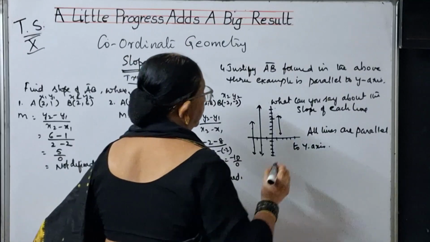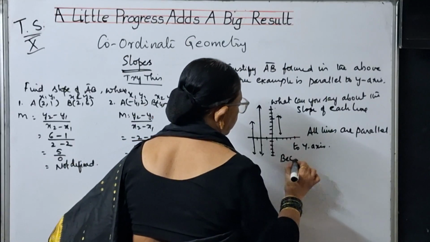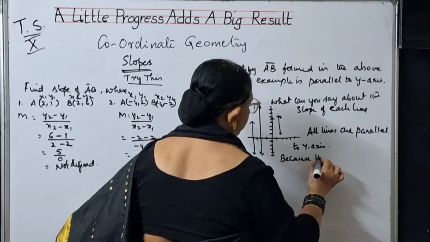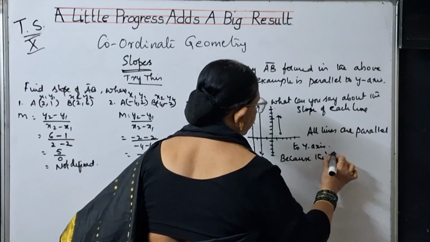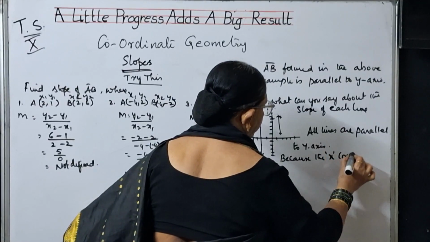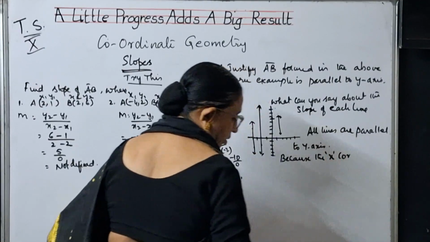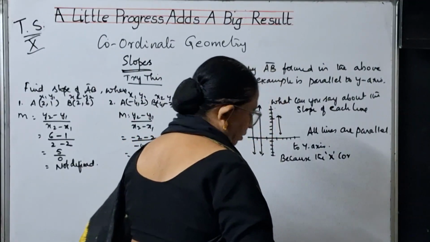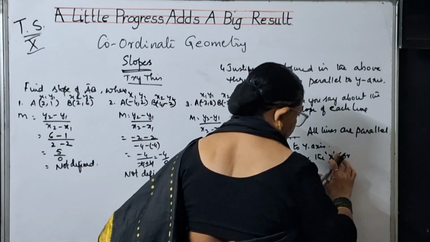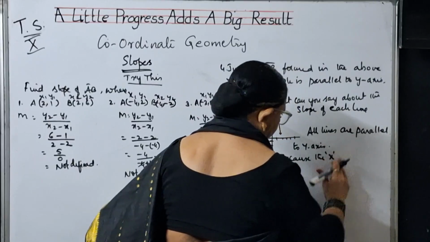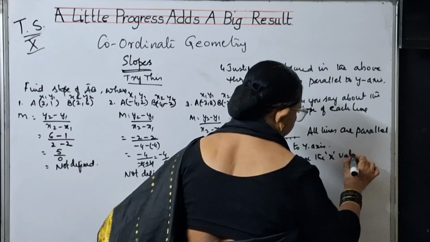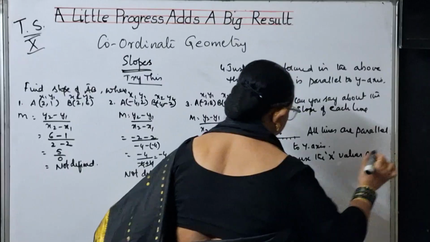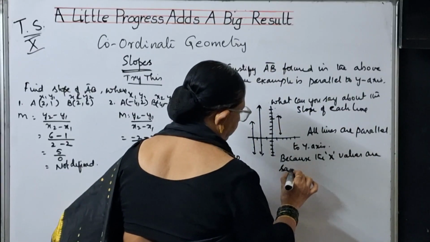Why are they parallel? It is because the x coordinates, the x values, are the same.